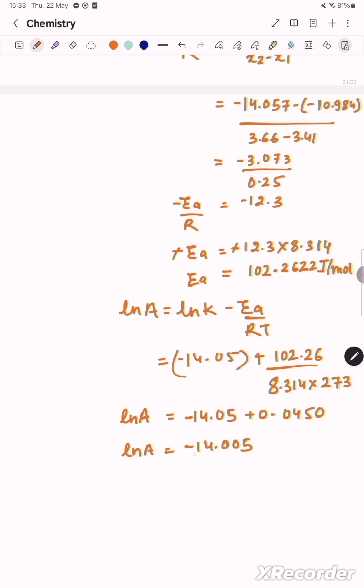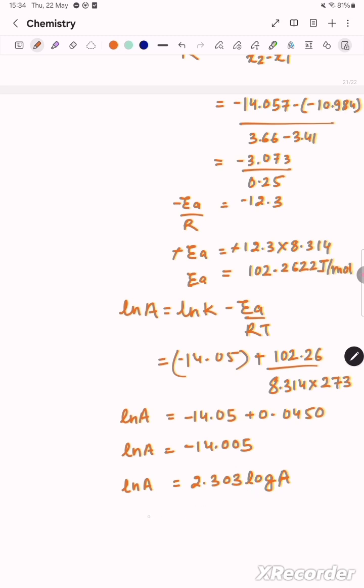So this is ln A value, and we have to calculate in the log form. So formula is ln A is equal to 2.303 log A. So from log A we find out the A value. That's why we convert it into log A value.